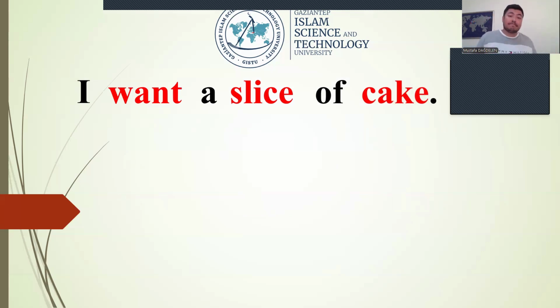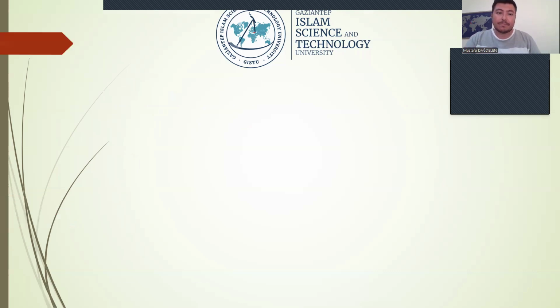As you can see, the words want, slice, cake are the important ones. That's why we put stress on them, and when I pronounce them, I raise my intonation. Even if we remove the words I, a, and of, we understand the idea of the sentence: want slice cake. So that's why they're more important, and that's why we put stress on them.